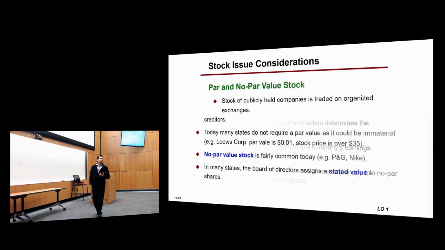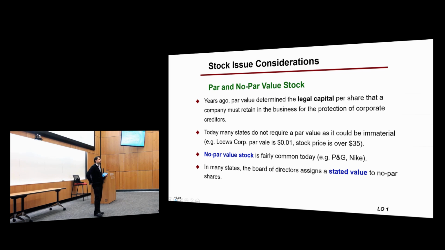Now we get to par and no par value stocks. In the old days, and not just in the old days, many states used to require the company to sell or to issue stocks at par value or above par value. Par value was the stock price that was basically mentioned in the charter.